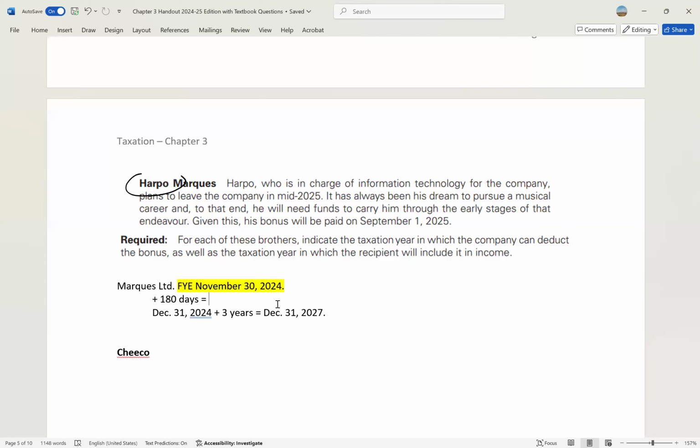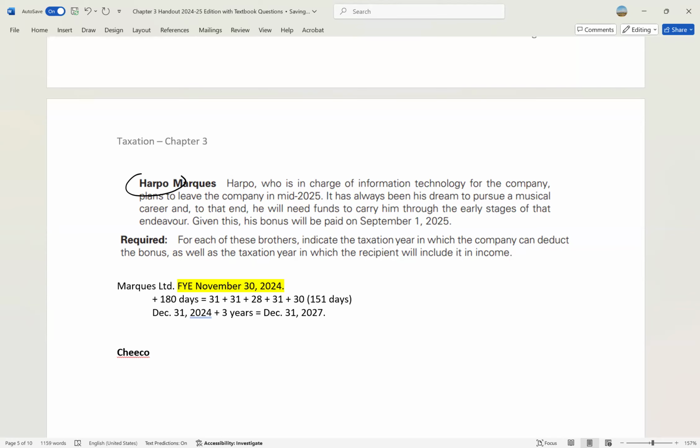But if I was to figure out the 180th day, basically December is 31 days, January is 31 days, February is 28, March is 31, April is 30. And so that's going to give us 151 days.